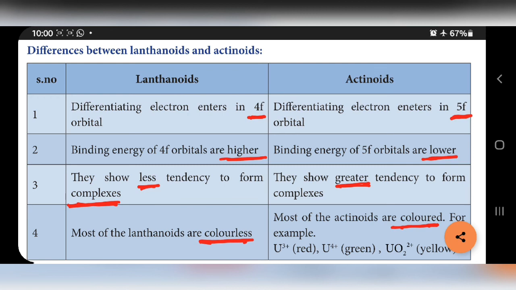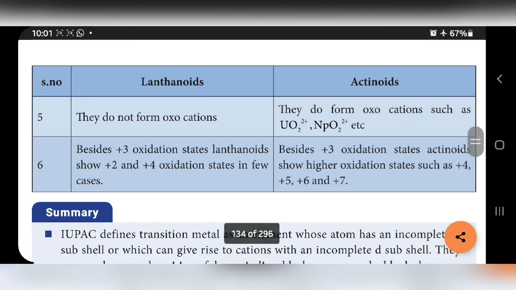Some examples: uranium 3 plus is red, uranium 4 plus is green, UO2 2 plus is yellow. The binding energy of 4f orbitals is higher because of its size, and that of 5f orbitals is lower.